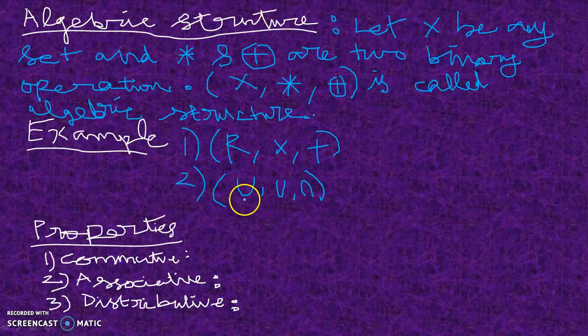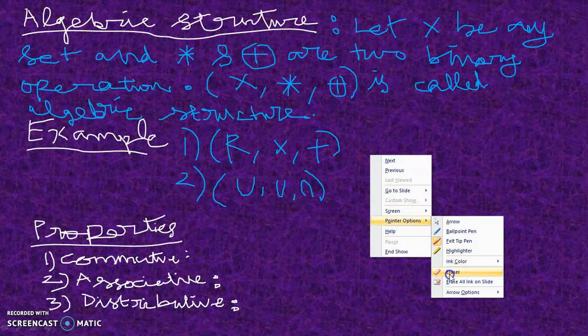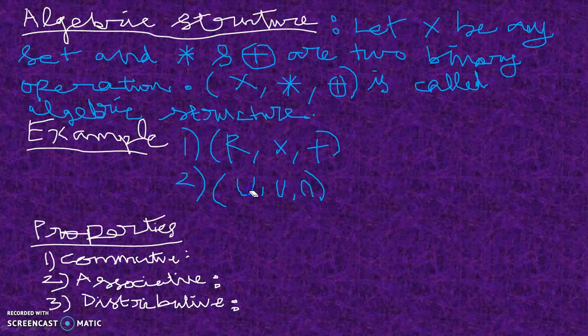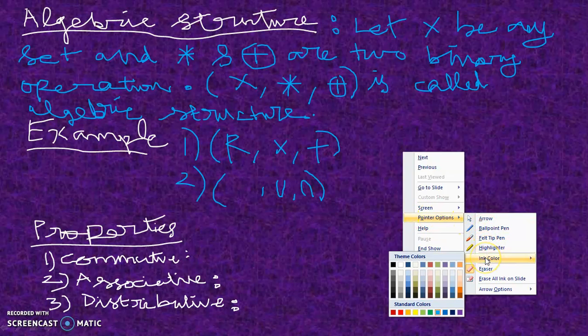So this universal set, of course, is confusing with this particular operation. Therefore, why can't I replace it by any other notation, so that you can understand that very clearly.